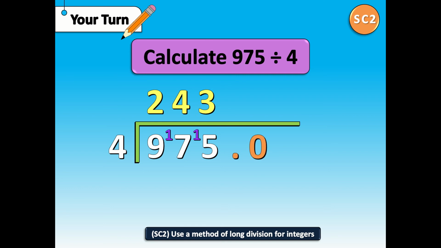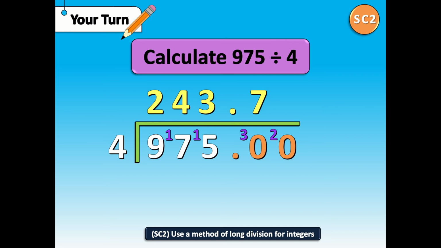So we put a decimal point and a 0 on the bottom and a decimal point on top. Now we've still got a remainder of 3, so we put 3 onto the 0, and that's now 30. So 4 goes into 30 7 times with 2 remainder, so we put another 0 down and carry the remainder of 2.